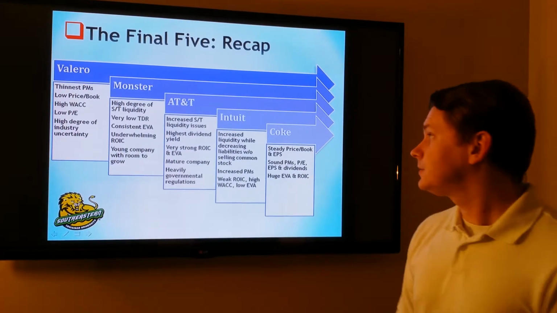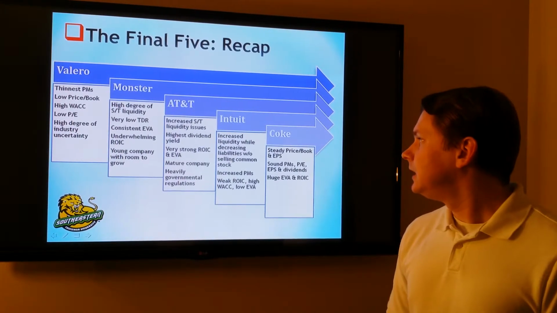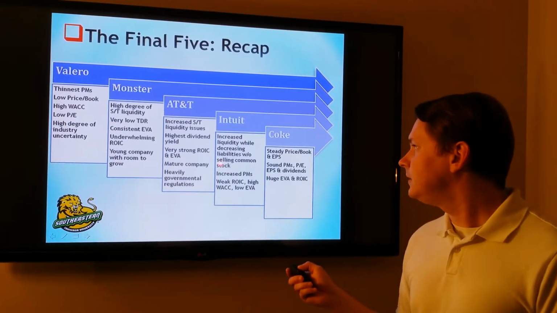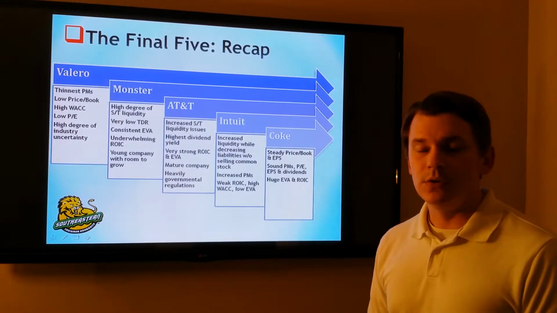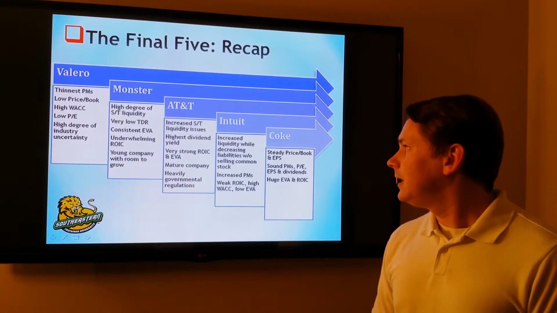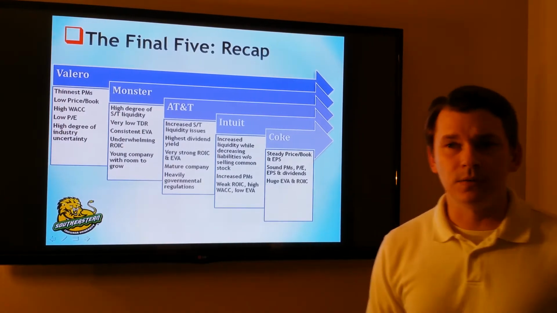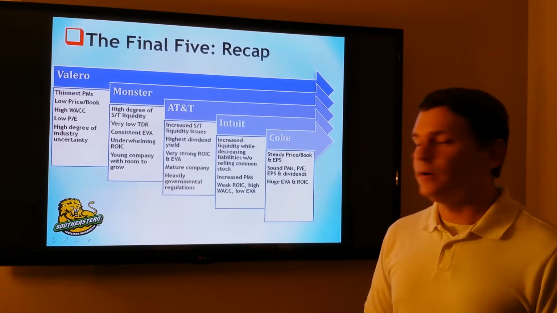Intuit was a quiet giant amongst these five. One thing that really stood out: increased liquidity while decreasing liabilities without selling common stock. So they were able to decrease their debt levels and increase their liquidity, getting that cash injection without selling common stock.